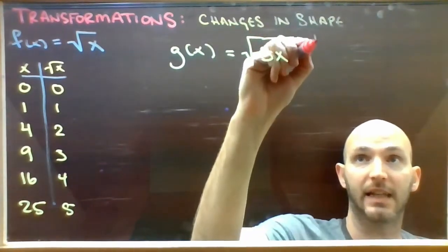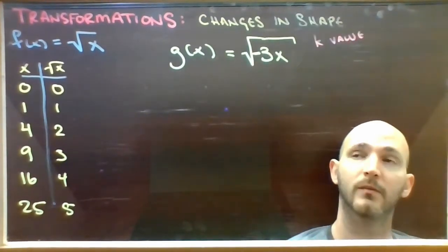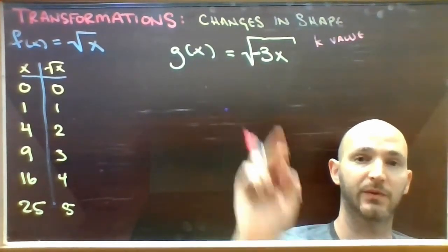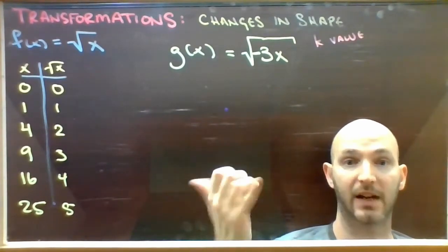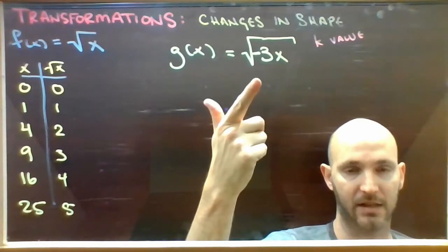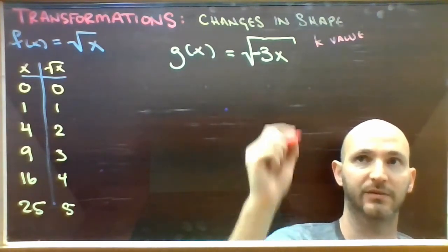That makes it a k value. And a negative in either an a value or a k value ends up being a reflection. And so since it's a k type transformation, this will be a horizontal reflection.